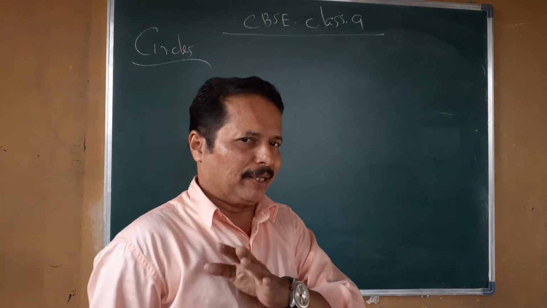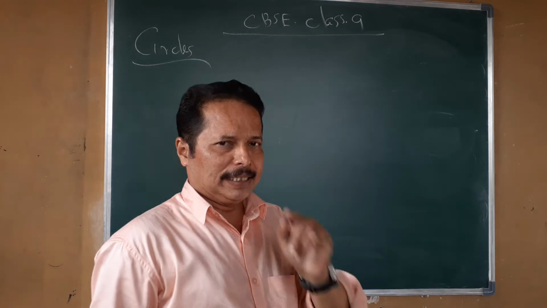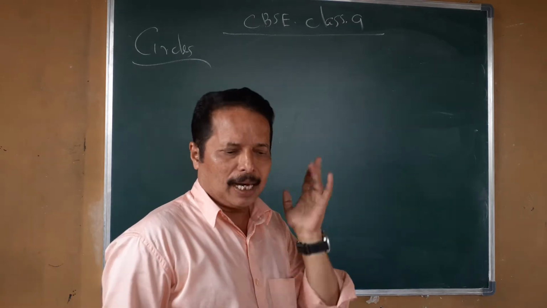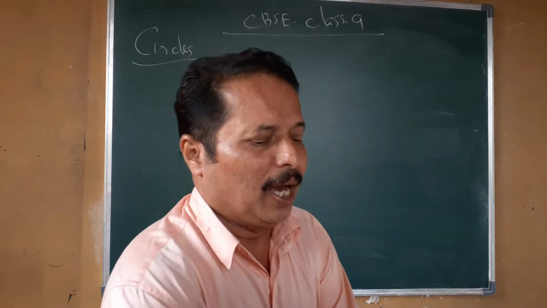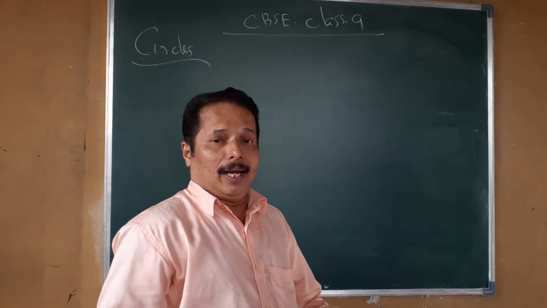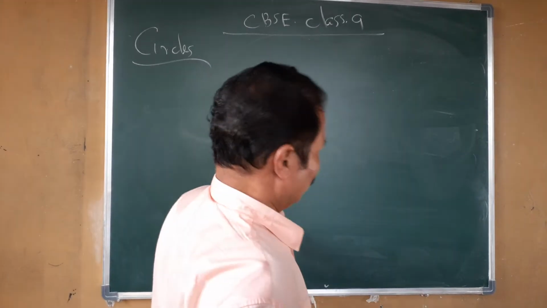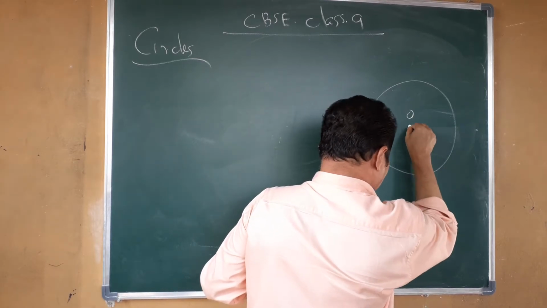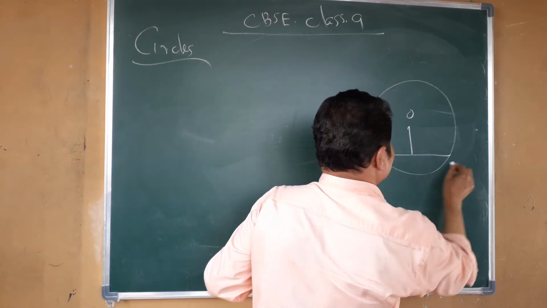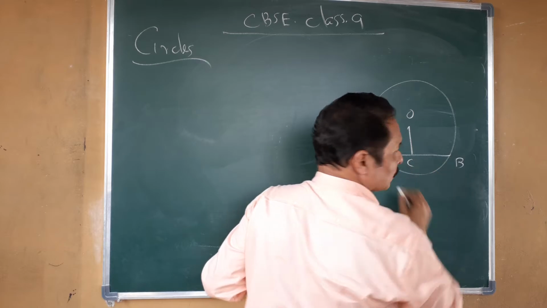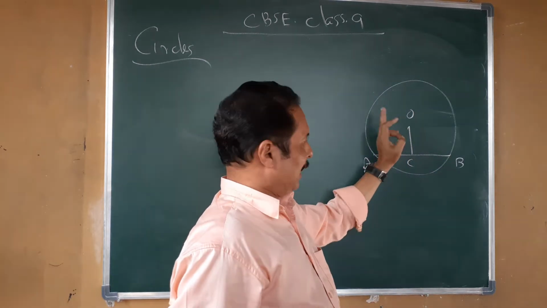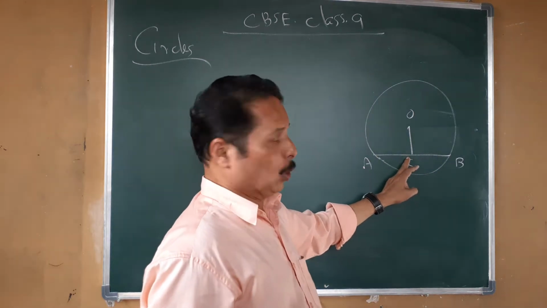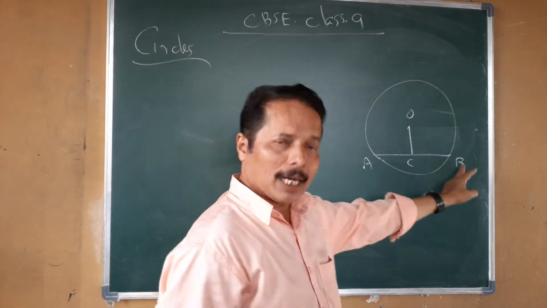We studied in the previous class that equal chords are equidistant from the center. Already we studied that. And a line segment from the center to the midpoint of a chord is perpendicular to the chord.